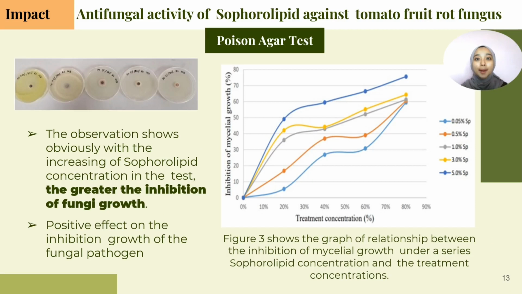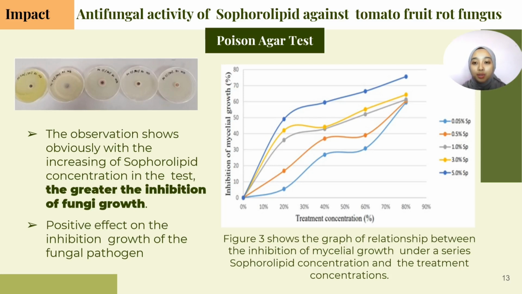So we move to the results for the poison agar test first. As we can see in figure 3, it shows the graph of relationship of inhibition of mycelial growth versus the treatment concentration. So we could see clearly that whenever the concentration increased, the inhibition of mycelial growth also increased.